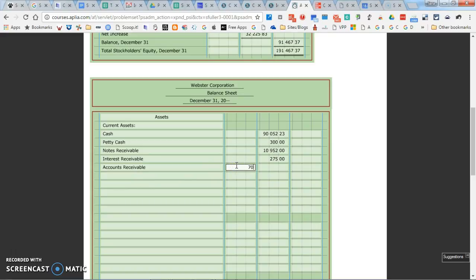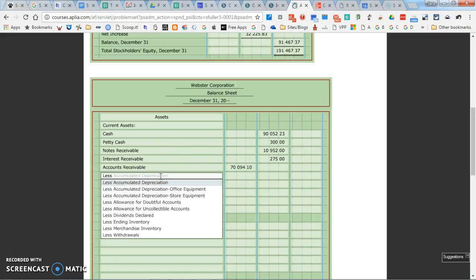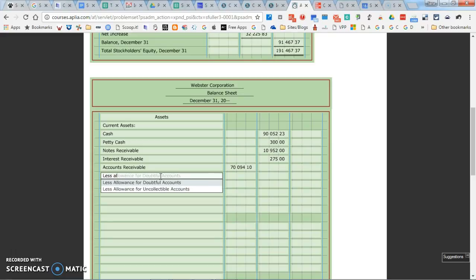First column, $70,094.10. Then less allowance for uncollectible accounts. First column, $7,394.64.